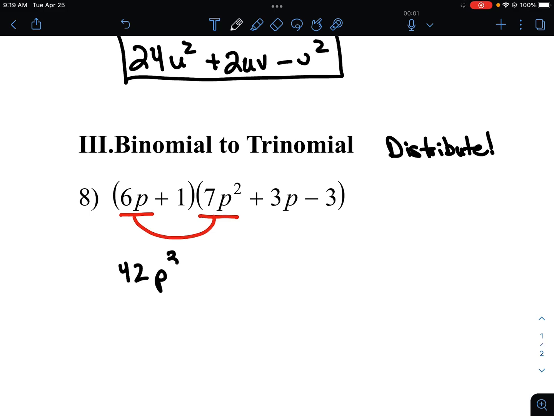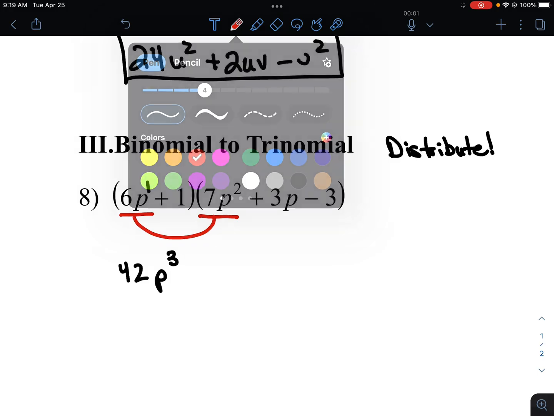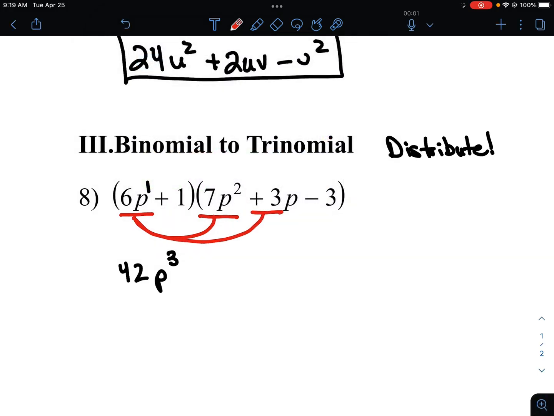P to the third came from 1 plus 2. Also going to take the 6p and multiply it to the 3 and multiply it one more time to the negative 3. 6p times 3p is going to be 9p squared. And then minus 18p.